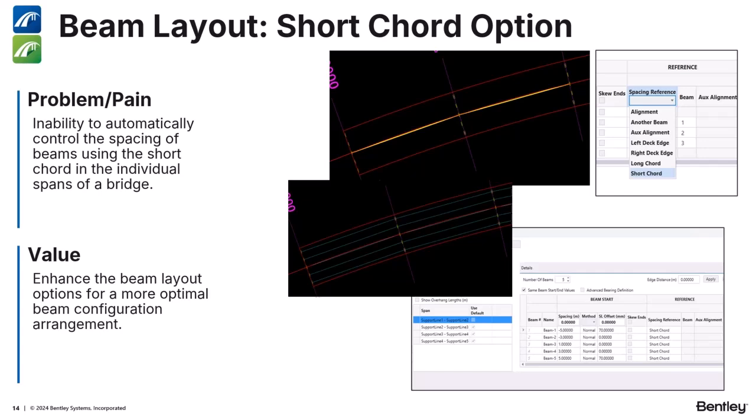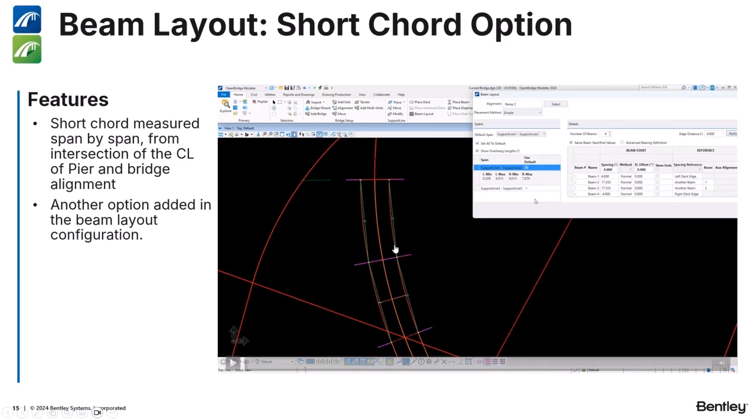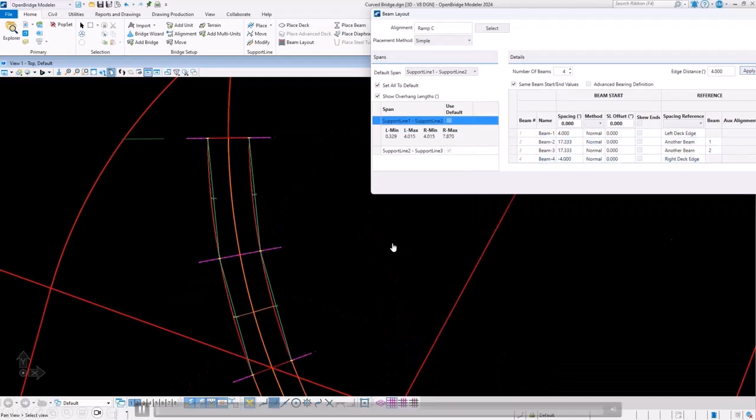So that was a little difficult to place when we go span by span on a pre-stressed girder, and we need to use just the distance between the two support lines. So that is the short chord on that curve. So now there is a new option in the beam layout in which we can use that, right? And this is measured span by span, right? So it's just another option.